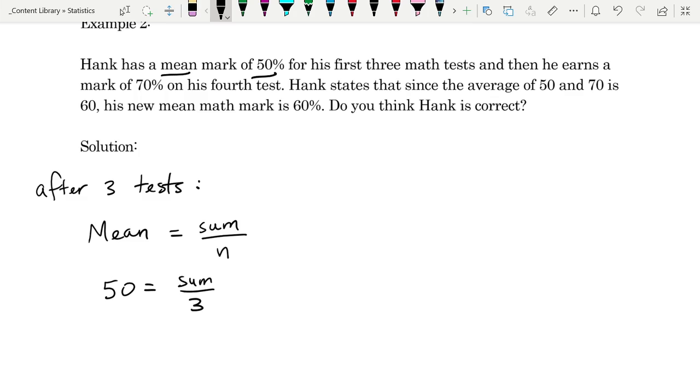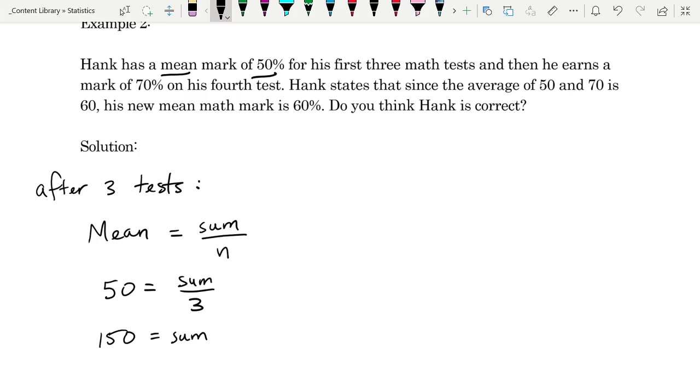And I've said this many times through the course, we don't do much algebra, but it pops up every now and then. How do I figure out what the sum of his first 3 tests are? What would isolate sum? Multiply both sides of the equation by 3. That's exactly right. So I'm going to times both sides of the equation by 3. So 150 is the sum of the first 3 tests.